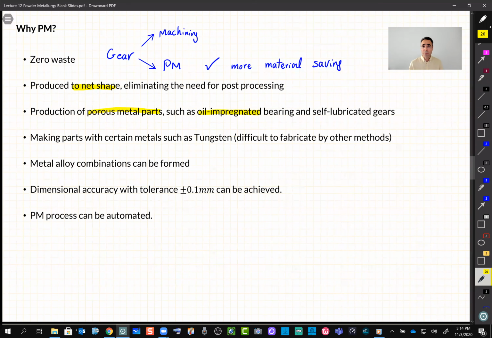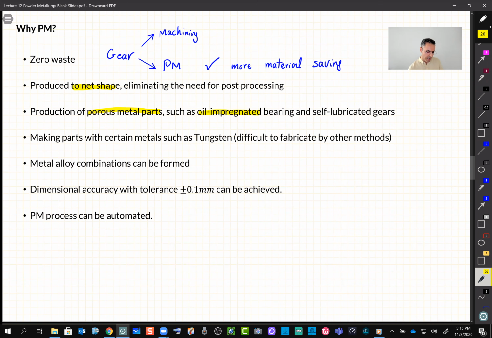And powder metallurgy is maybe the only way to make such a material or such a part. The reason is because we make a part with powder, and there is porosity, like space between each of these powder particles, which we can fill with oil, and we make, let's say, an oil impregnated part.